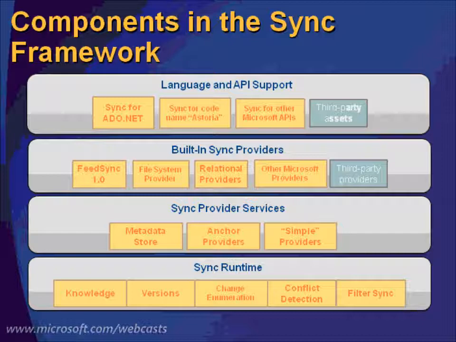FeedSync 1.0 used to be called Simple Sharing Extensions. Basically, FeedSync is synchronization for RSS or Atom feeds. It's an extension to RSS and Atom, which is an open format. You can go out to MSDN; the specifications are available under the Creative Commons licenses. It enhances these standard RSS and Atom formats to support synchronization.